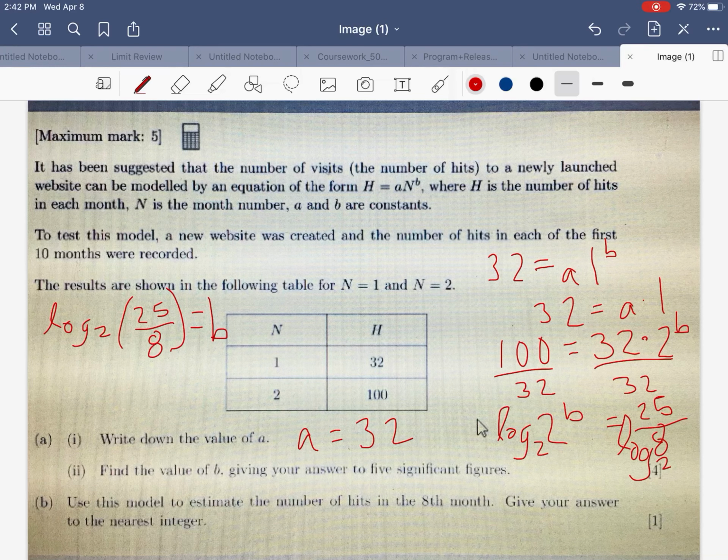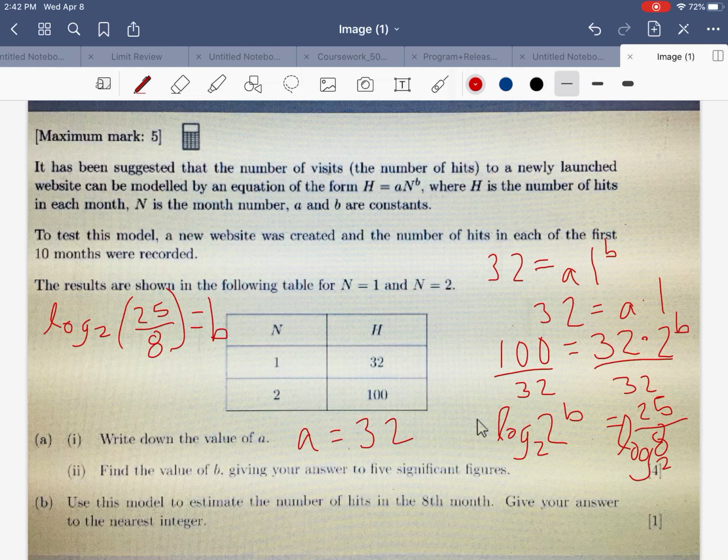So I'm going to go to a calculator. Google Calculator does not have a log base 2 function, and you might not have a calculator at home.